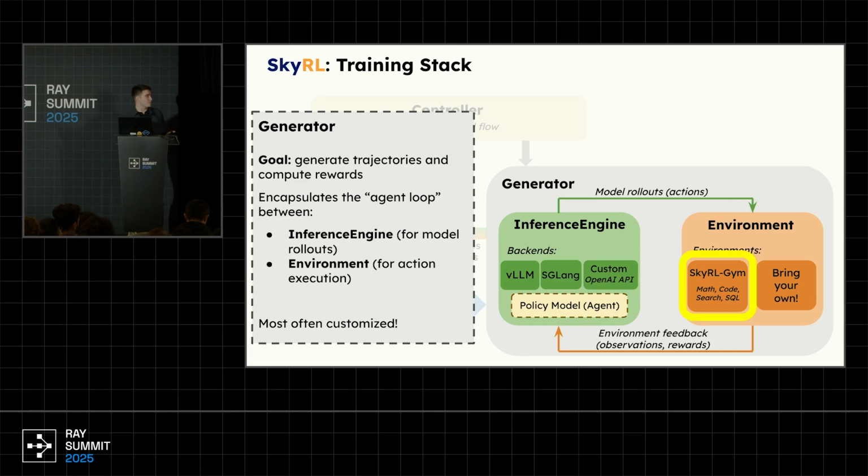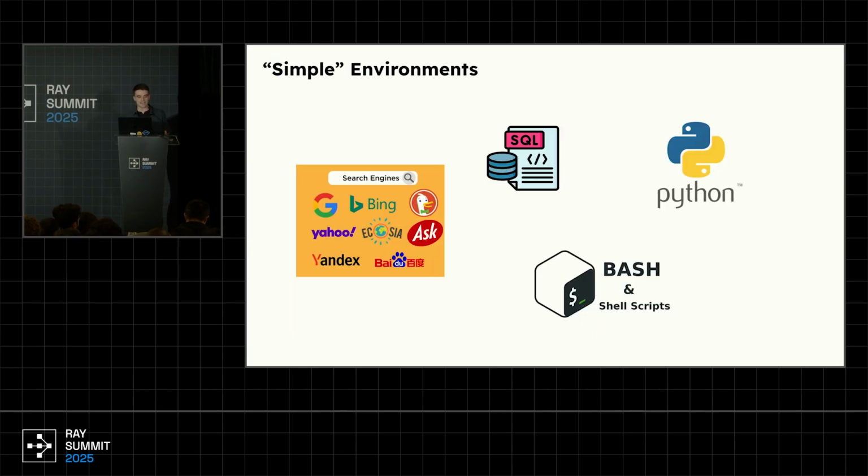Because this is a popular place where users modify, I want to dig a little deeper into this SkyRL gym component, which is just one instantiation of the environment that you can use in the stack. What we found early on among, honestly, just other students in the lab at Berkeley is many of them wanted to iterate quickly with some ideas they had on what I would call relatively simple tasks. This could be things like, I just want a search tool, or I just want a Python code executor tool, or maybe text to SQL.